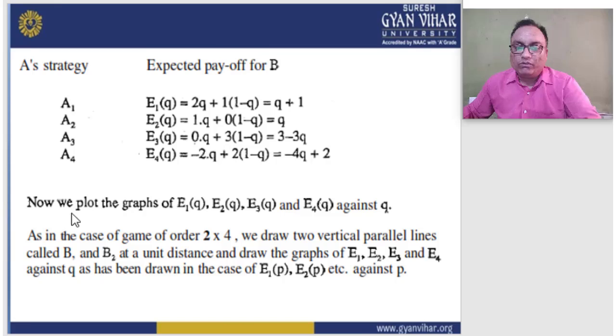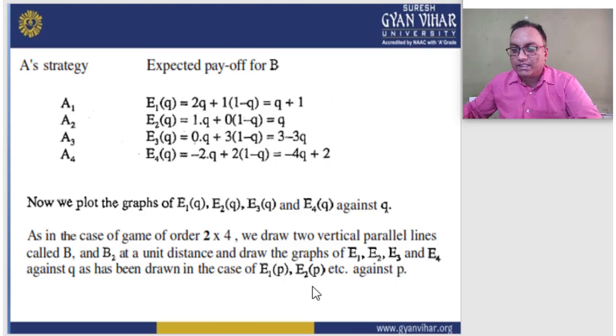So we plot the graph of the equations E1(Q), E2(Q), E3(Q) and E4(Q) against Q. As in the case of a game of order 2 by 4, we draw two vertical lines called B1 and B2 at unit distance and draw the graphs of E1, E2, E3 and E4 against Q, as was drawn in the case of E1(P), E2(P), etc. against P.